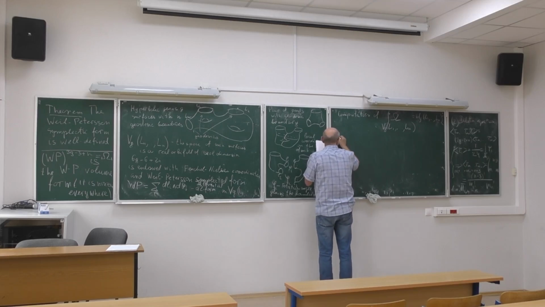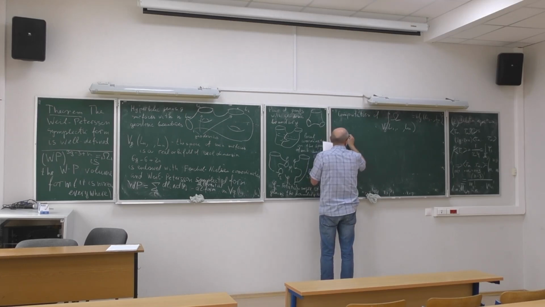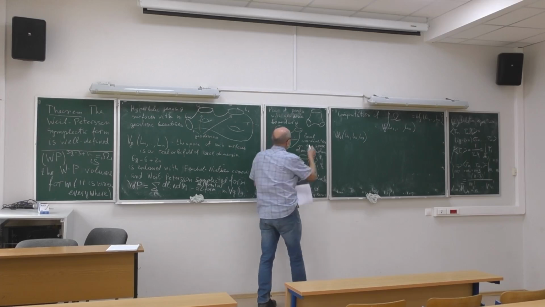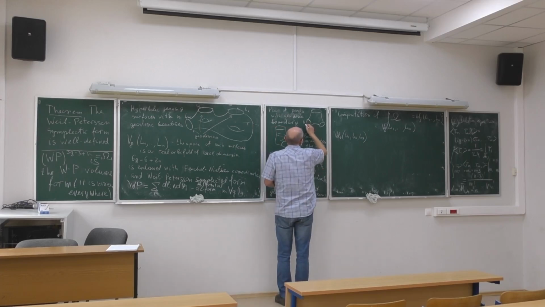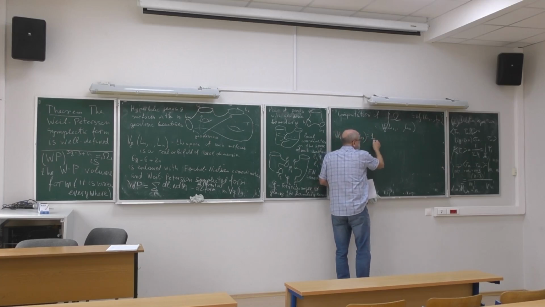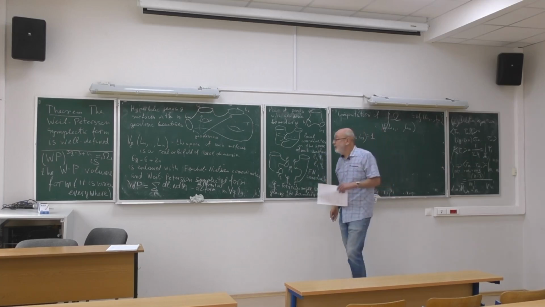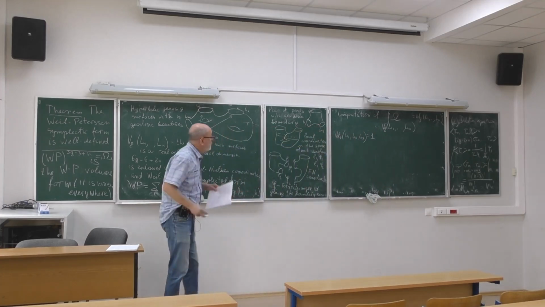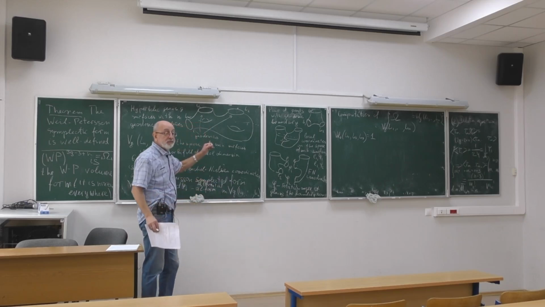So the simplest situation is when you have genus 0 and a pair of pants of length L1, L2, and L3. In this situation the volume is just 1. This space is just a point.